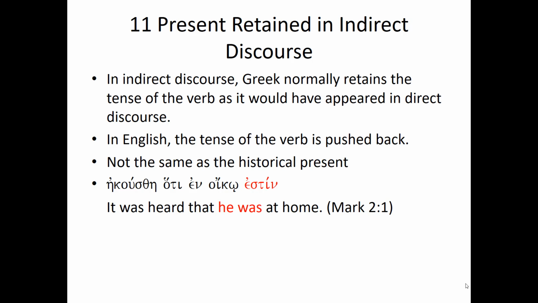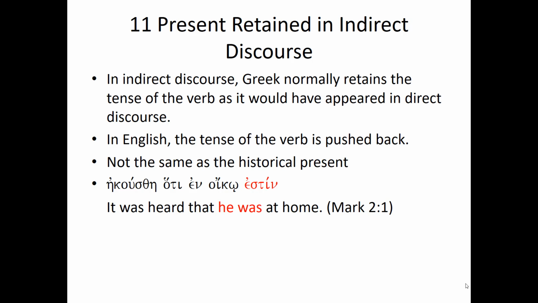Mark 2:1. "Ekouсthe hoti en oiko estin." It was heard that he was at home. What was heard? He is in the house. It's not reporting the quotation marks. Here we have hoti. It's introducing this content, this discourse. It's indirect.